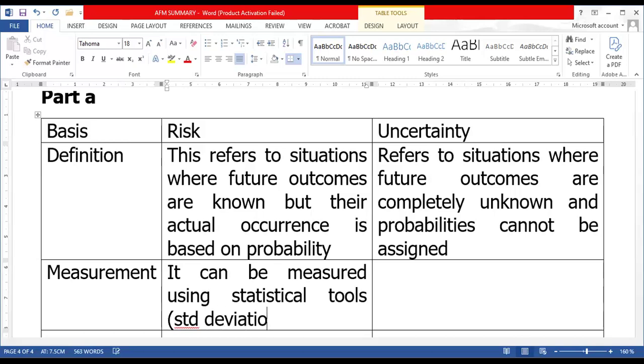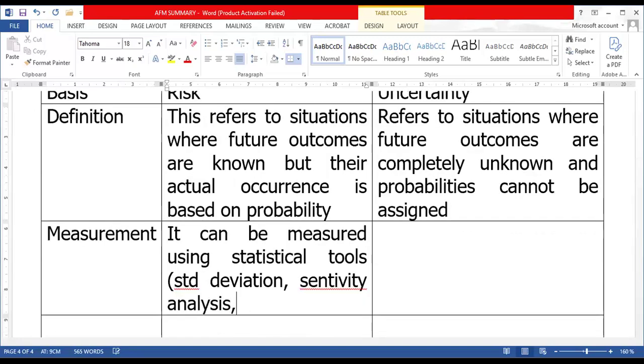Sometimes we use sensitivity analysis, and sometimes the variance, but it is more appropriate when we use standard deviation. So that is about risk. It can be measured.